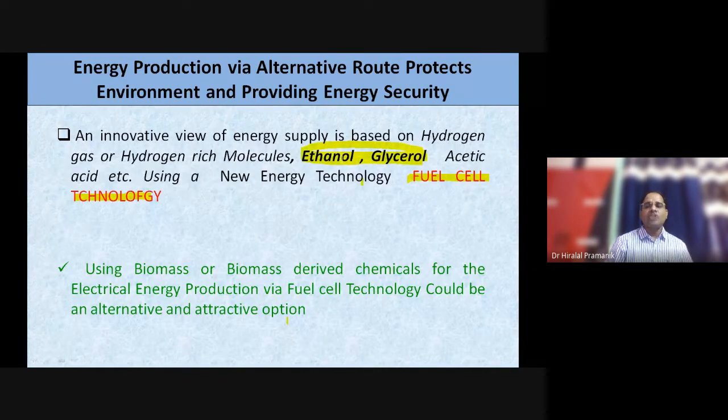Acetic acid is also a hydrogen content molecule. So hydrogen and hydrogen rich molecules can be converted via fuel cell technology. But I have considered ethanol and glycerol because of their renewable properties. So biomass and biomass derived chemicals for electrical energy production via fuel cell technology could be an alternative and attractive option.